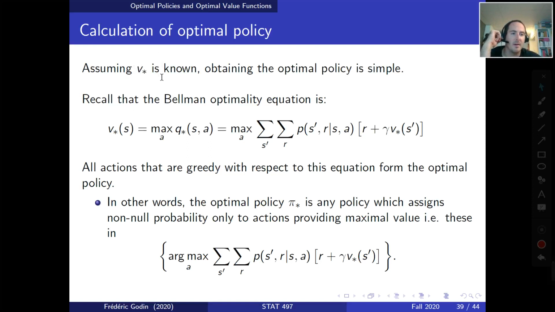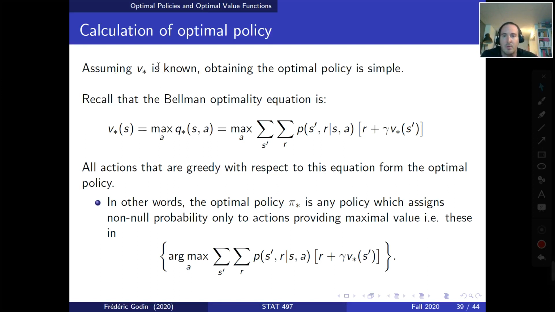Okay, so typically we have the state value function or the action value function, but often when I just say value function, it has to be understood as the optimal state value function. Okay, so if you read papers, sometimes they just say the value function, but typically they refer to the optimal state value function in that case. Okay, so what I was going to say is V star, it's unknown in practice, but assume we know it.